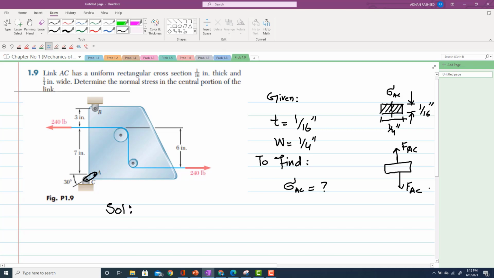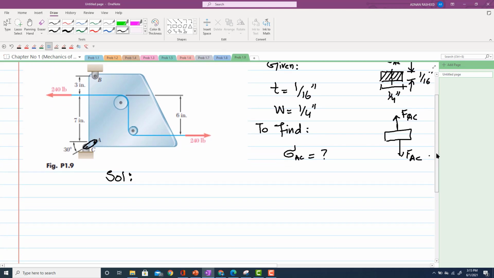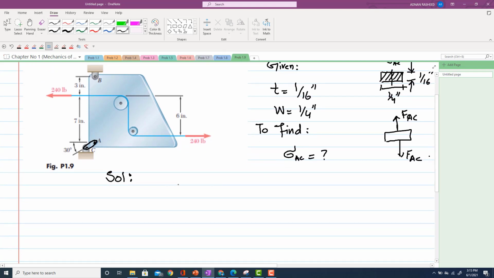If you look at this diagram, you first have to draw its free body diagram. Let's say this is the object, and this is its rough sketch.